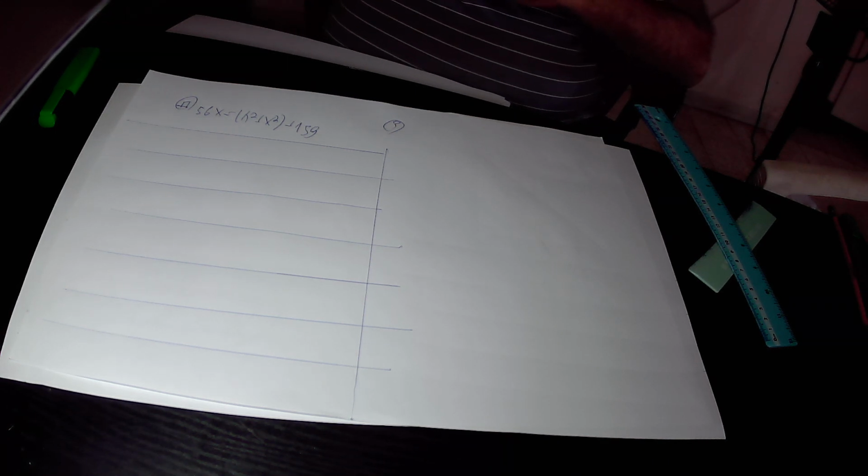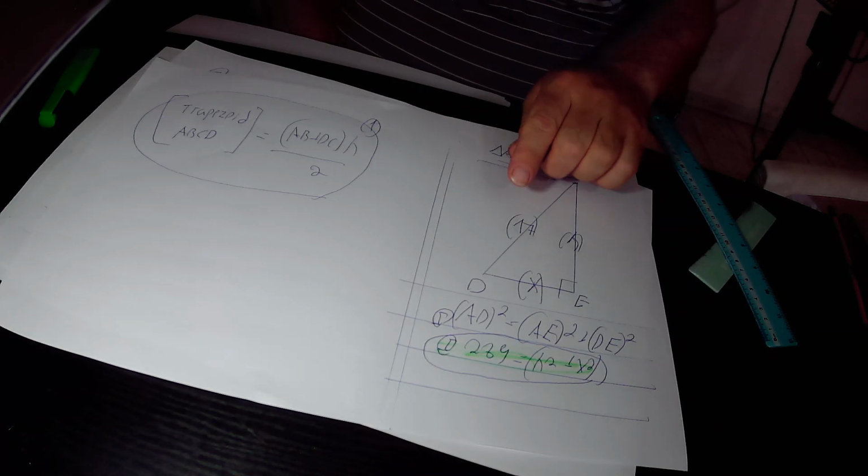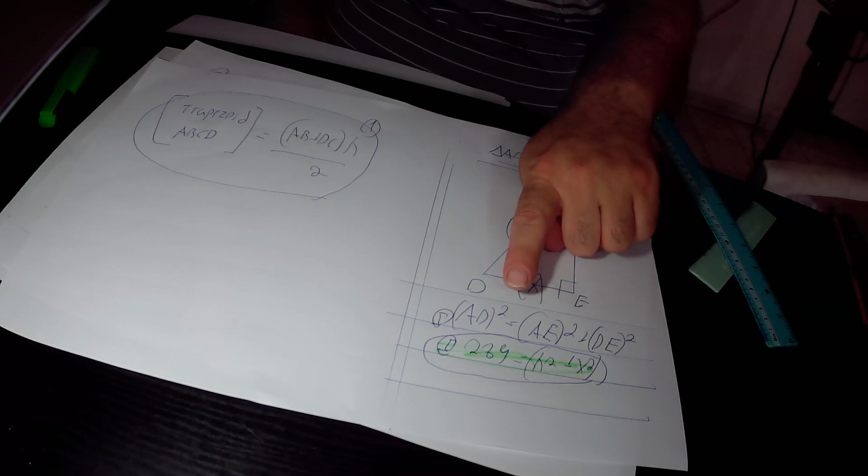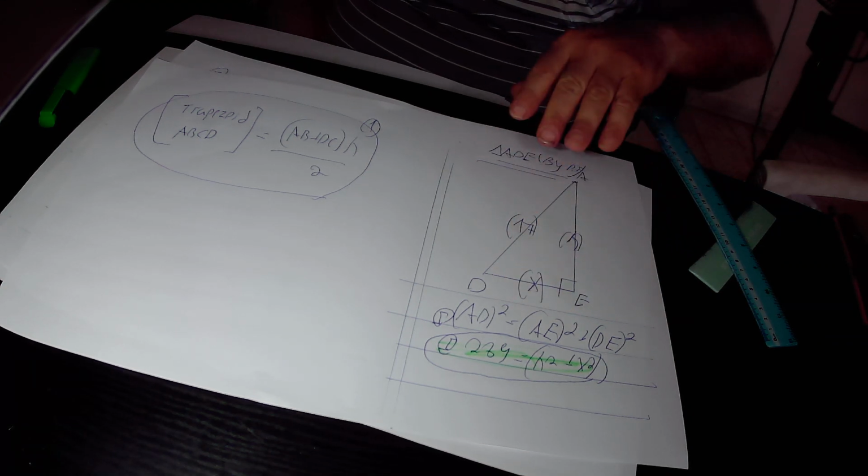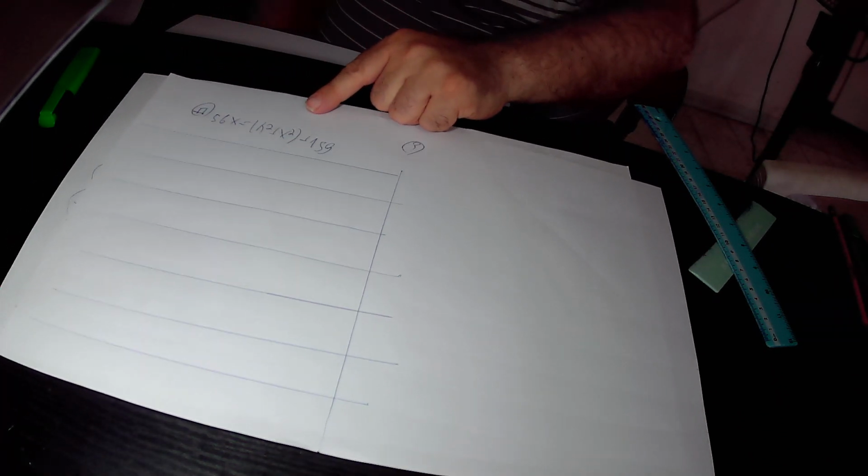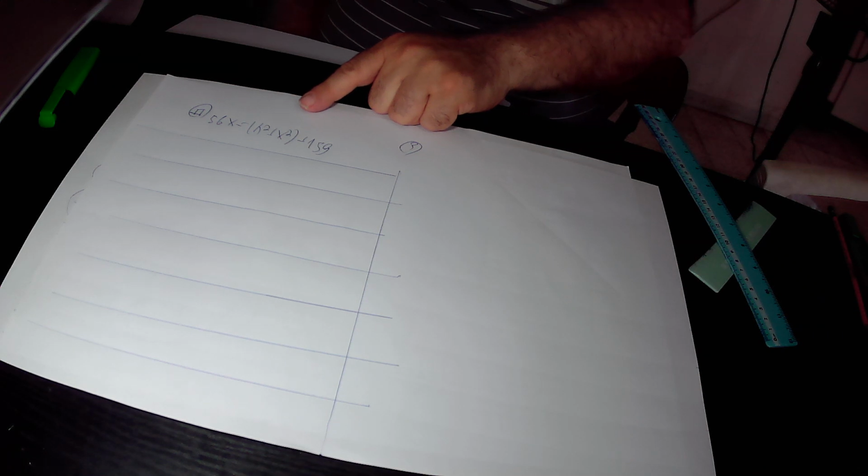According to equation 1, we have already found out that x squared plus x squared equals 289. Therefore, we can substitute x squared plus x squared in this equation 2 by 289 from equation 1.